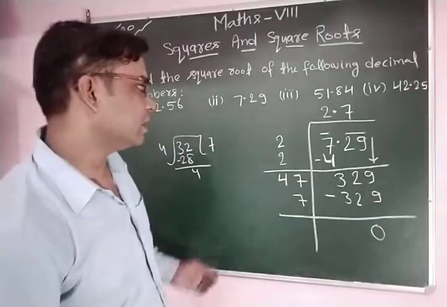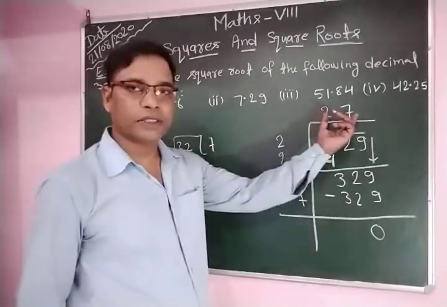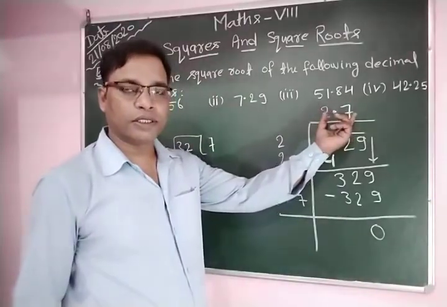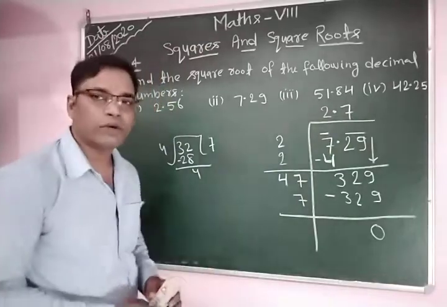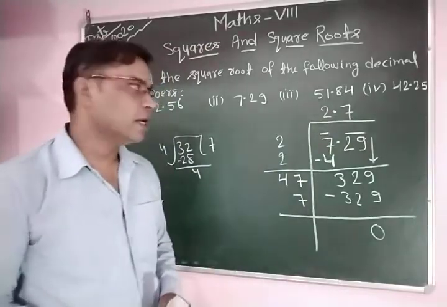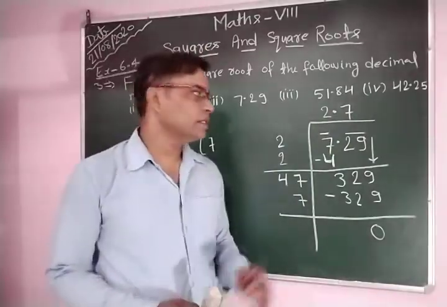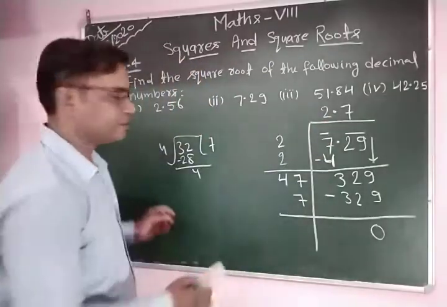So you can see here our quotient is 2.7. It means that the square root of 7.29 is 2.7.